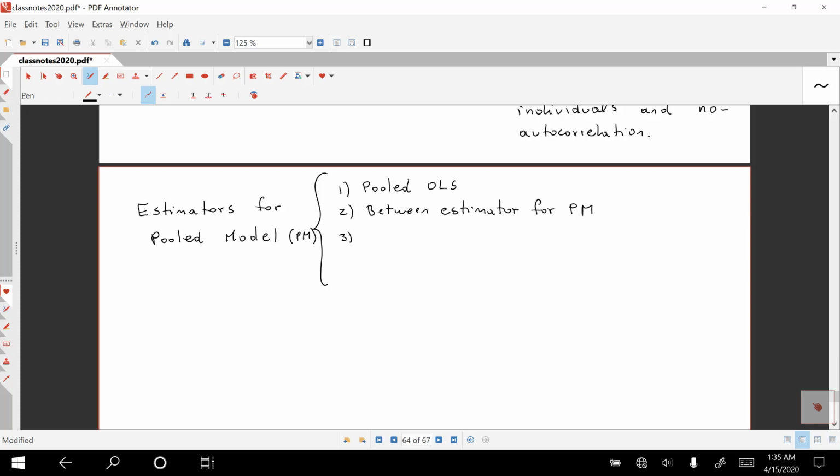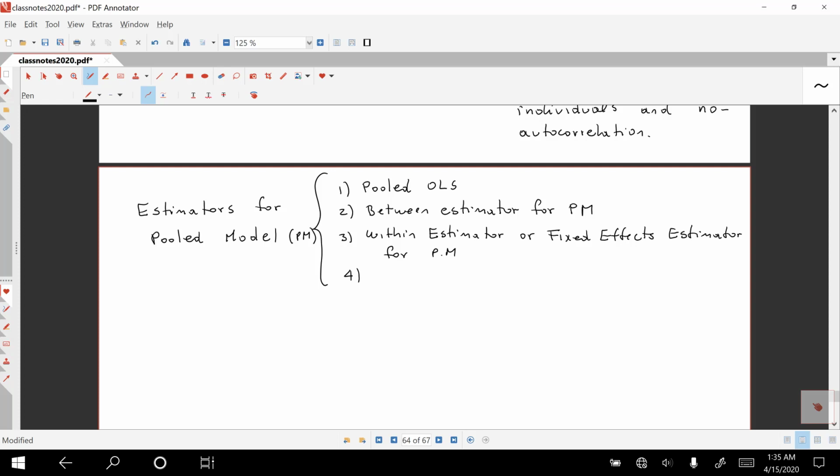The third estimator is what's called the within estimator, or sometimes called the fixed effects estimator, for the pooled model.